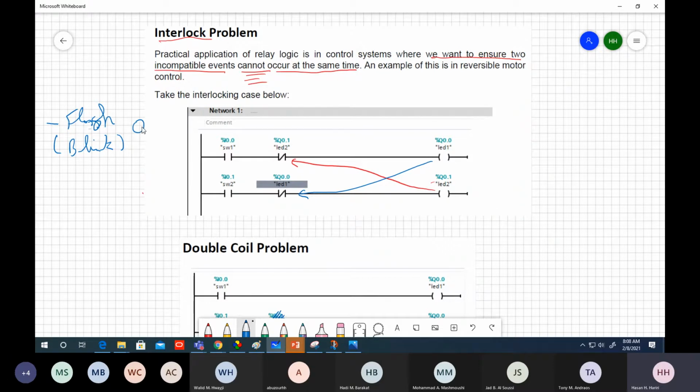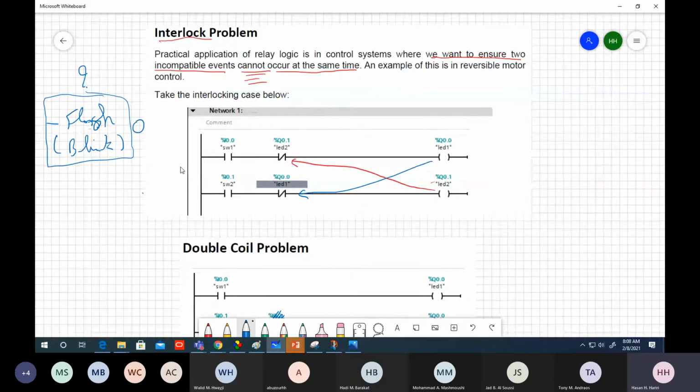Flashing a light, we want to do using ladder logic. So this is something we remember always. In any situation, any big problem on which I have one output, I need to flash it, so I apply it directly. So this rule we will see in later practice.